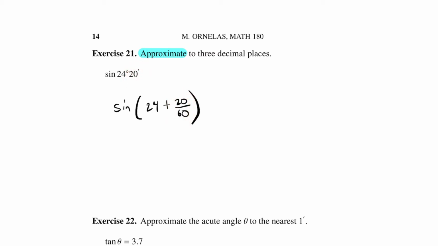And the other thing you want to make sure is that your calculator is in degree mode. So verify that your calculator is in degree mode, and then type it in exactly the way you see it. So sine of 24 plus 20 over 60, close parentheses, is 0.412 if I round to 3 decimal places.